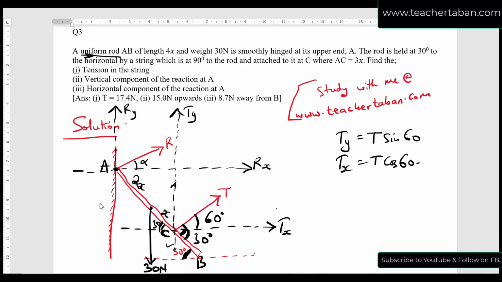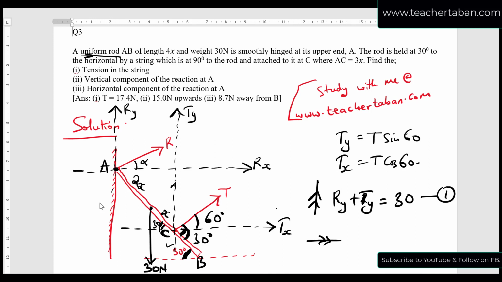So now, using our conditions for body to be in mechanical equilibrium, the first one is that the resultant force must be equal to 0. So getting the resultant vertically, it means that the sum of the upward forces Ry plus Ty must be equal to the sum of the downward forces, which is 30 newtons, and that is our equation 1.